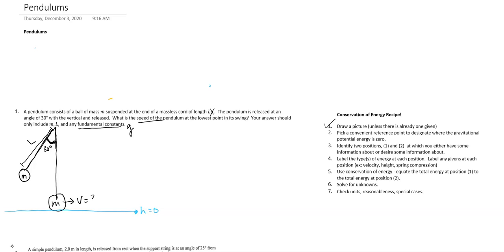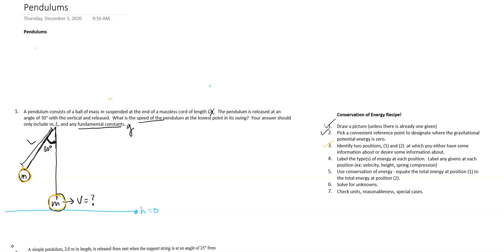So we want the velocity right here. Cool. So we went ahead and did that. Now let's look at 2 positions, 1 and 2, at which we either have some information or desire some information. So we know that the object is starting right here, and it goes to here. So those are going to be our 2 positions. Now let's go ahead and do step 4.